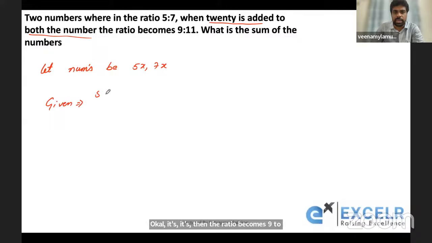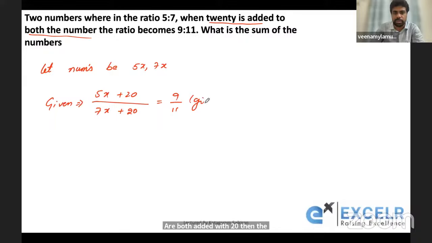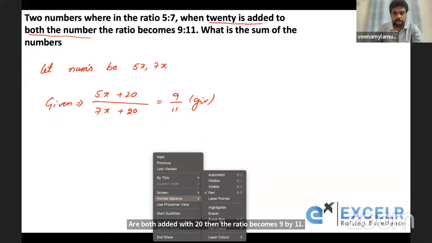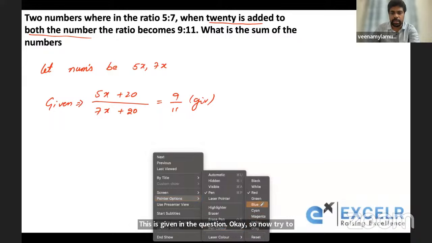So given that 5x and 7x are both added with 20, then the ratio becomes 9/11. This is given in the question. So now try to solve this. If you solve this, you'll get the answer easily.